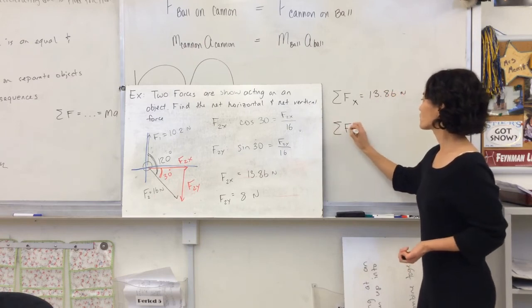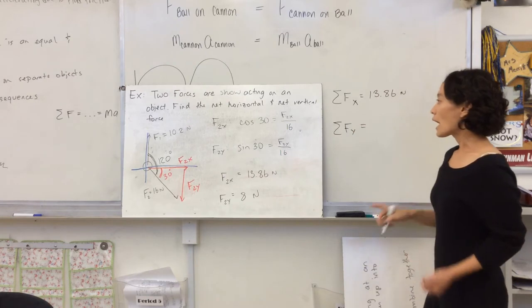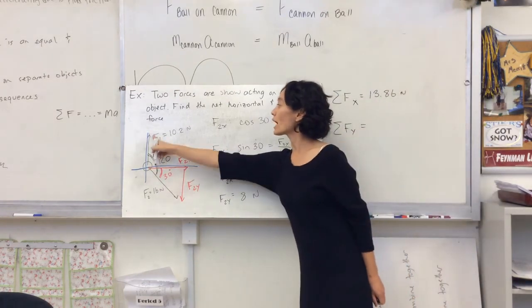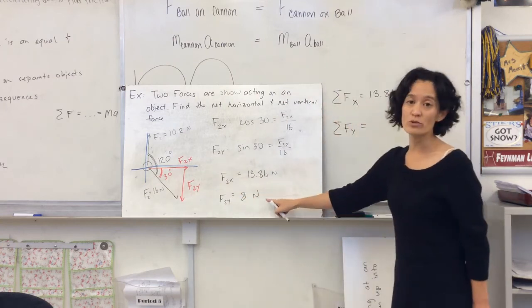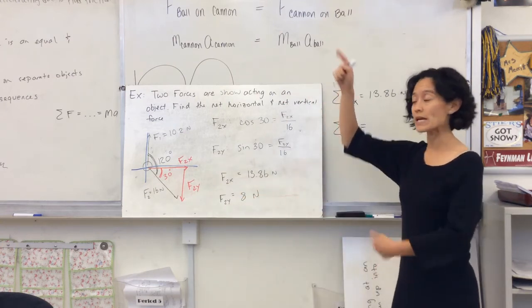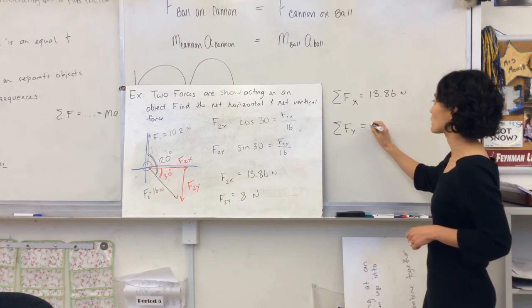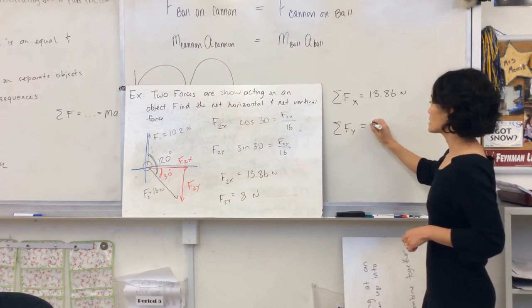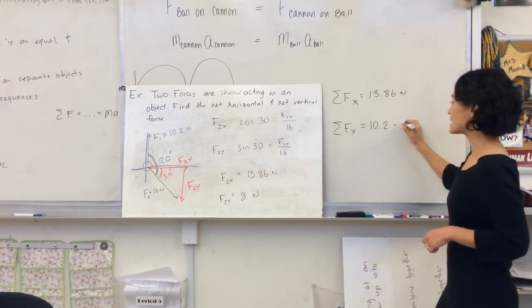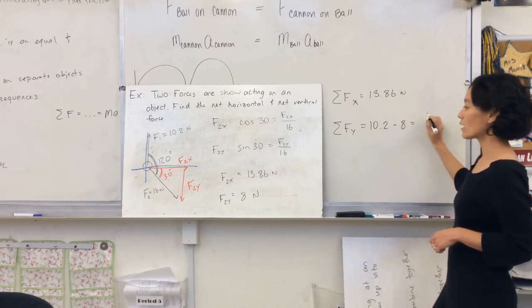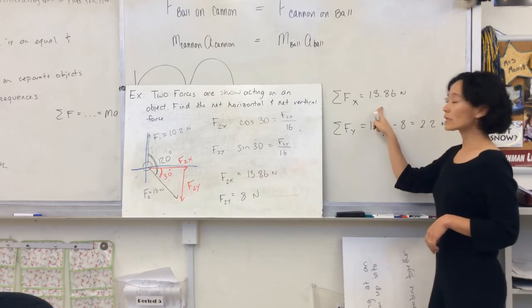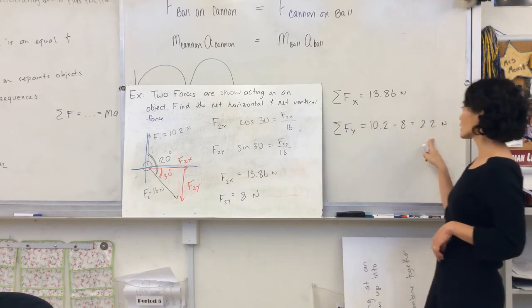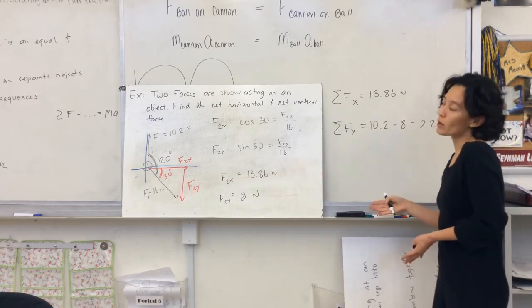Vertically, I have 10.2 going up, and I have this F2y, this 8 newtons, going down. So I have one going up, one going down, and the way I'm going to combine them is to subtract them. So I would say 10.2 minus 8, and that would give me a value of 2.2 newtons. So horizontally, I've got 13.86, and vertically, I've got 2.2, and that's where this problem ends.